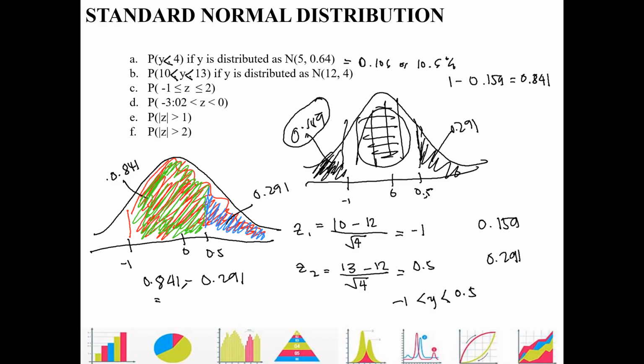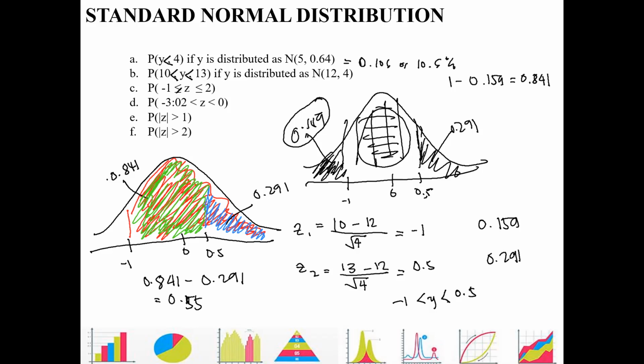Ano sagot? 0.55 po. Okay. So, yung 0.55, yun na yung green na value. Nakukuha nyo ba to yung pag-solve natin?